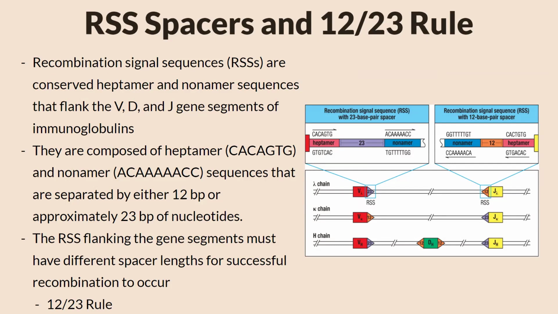What happens then is that you need a joining segment, in this case part of a D gene, that's flanked on both sides by 12 base pairs. If it's 23 and 23, or 12 and 12, you cannot have completed recombination. You need it to be 12 and 23 or 23 and 12. It needs to add up to 35.